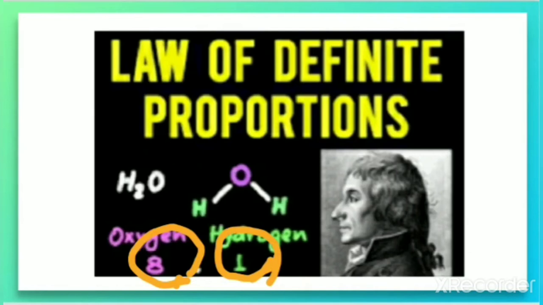So whatever the source of water, in all these cases we find that oxygen and hydrogen are arranged in the same, definite ratio. Similarly, in all other examples, atoms are combined in a definite ratio.